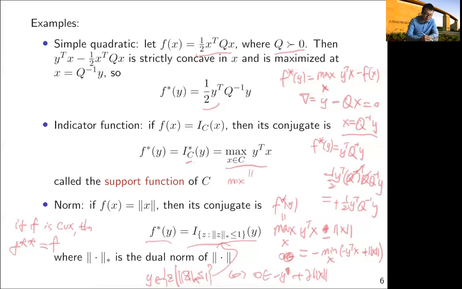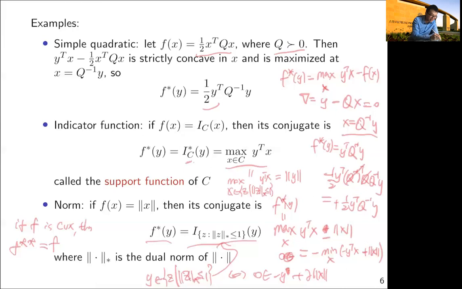This will be the maximum of x inside the ball where the dual norm is smaller than 1, y transpose x, and this is by definition the dual norm of this dual norm that gives you back y's original norm.